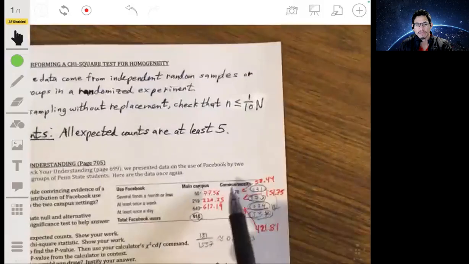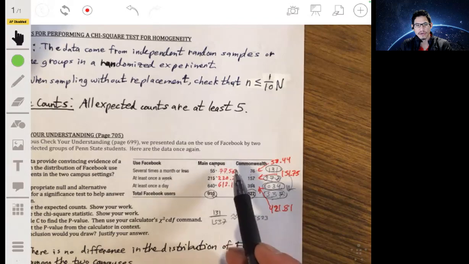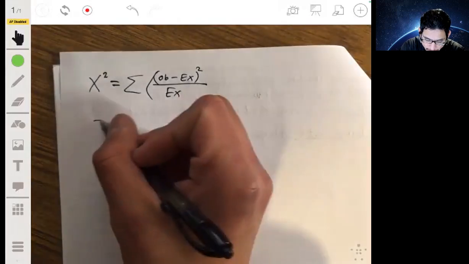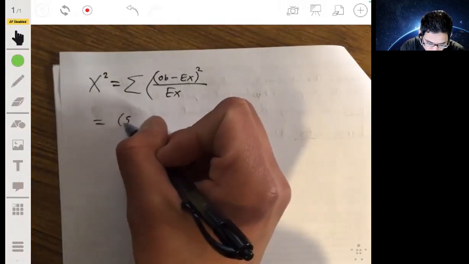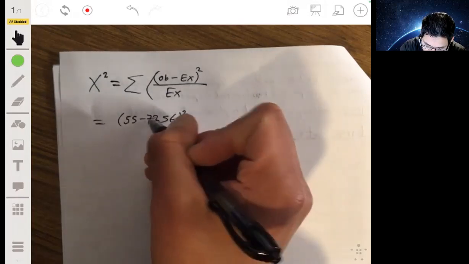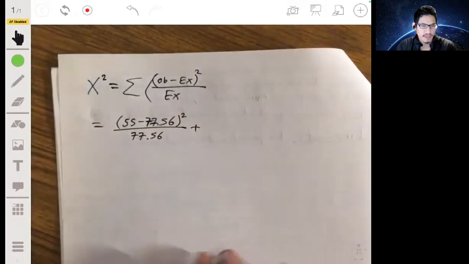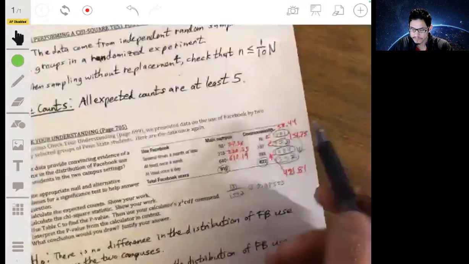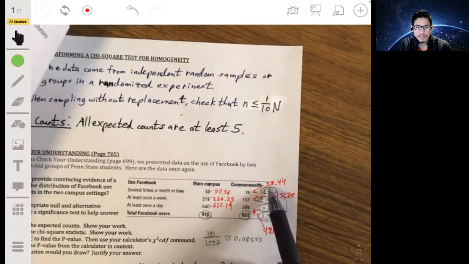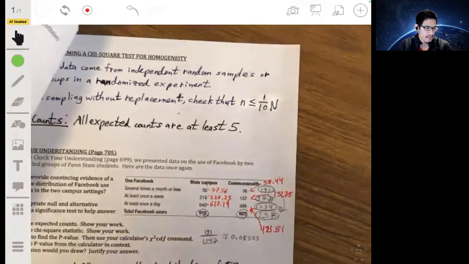So for the first one, the observed would be 55 minus 77.56 squared over 77.56. Plus the next one would then be the 76 minus 53.44 squared over 53.44.